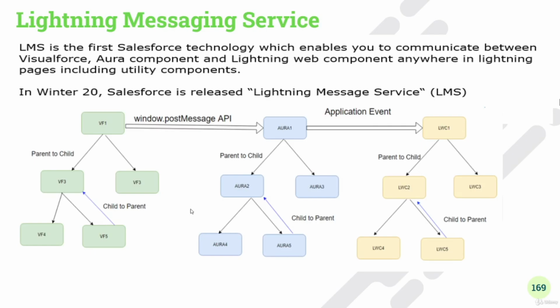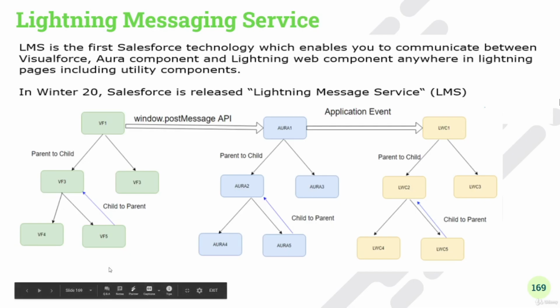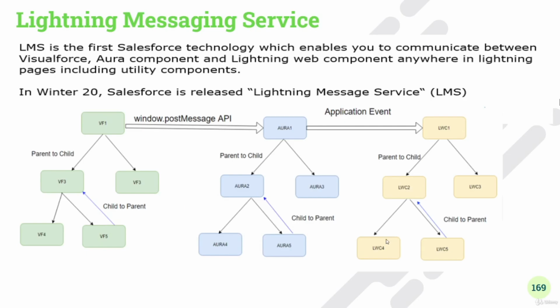So in Salesforce, we have three programming models to create the user interface. The first programming model is Visualforce page, the second one is Aura component, and the third one is Lightning Web Component. Till now, we were able to communicate between Visualforce pages, and we can easily communicate between Aura components and between Lightning Web Components.